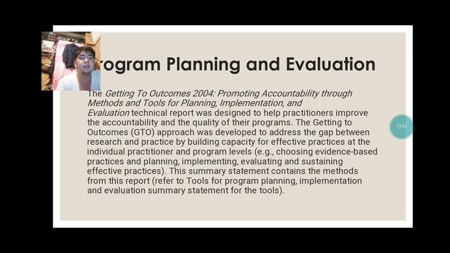The Getting to Outcomes (GTO) approach was developed to address the gap between research and practice by building capacity for effective practice at the individual practitioner and program levels, choosing evidence-based practices, and planning, implementing, evaluating, and sustaining effective practices.